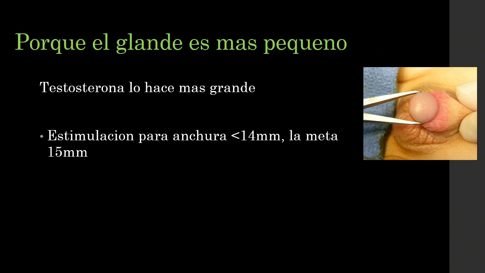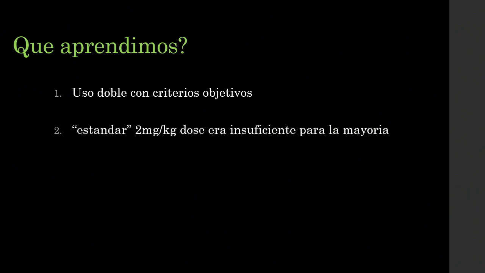So we thought, okay, this is easy because we can fix that. We can give testosterone. And so we were the first group that actually had objective numbers and objective reasons for giving the testosterone, with an outcome of growing it to 15 millimeters or larger. What we found is that by using objective criteria, the use of testosterone doubled in our hands, meaning we had missed a lot of kids that our eyes didn't tell us had a small penis, but actually they did.